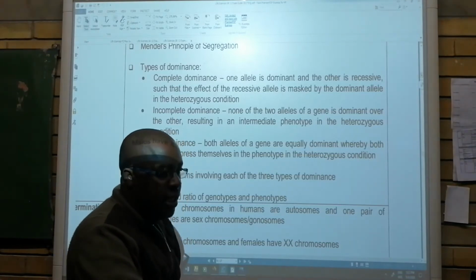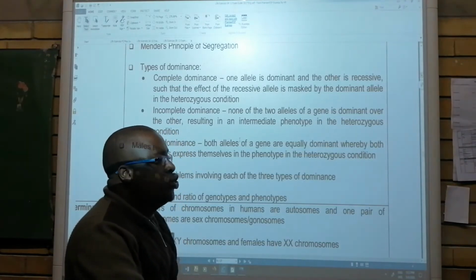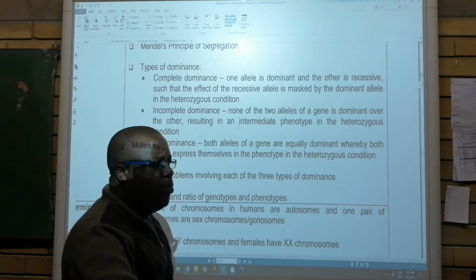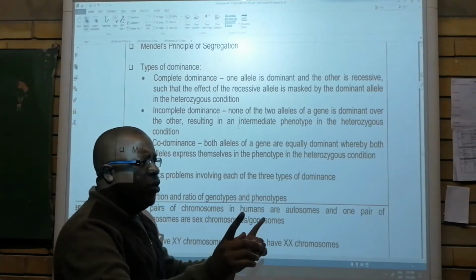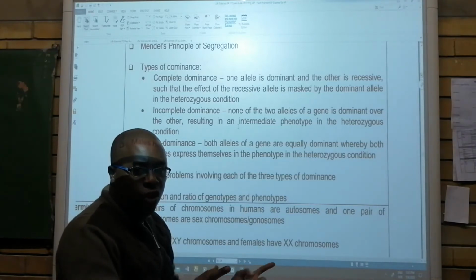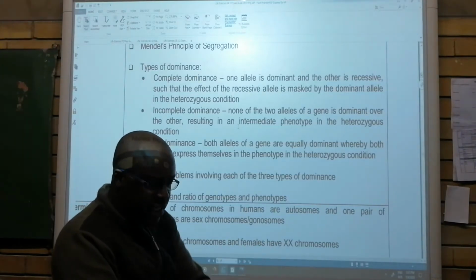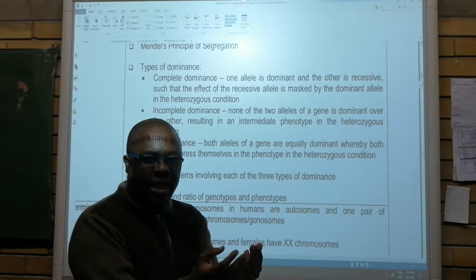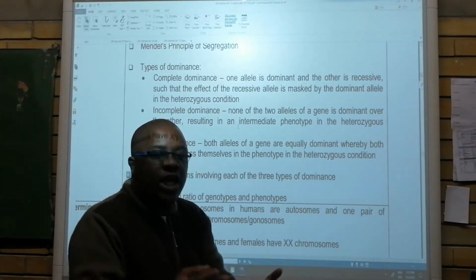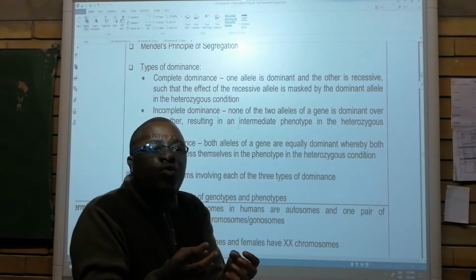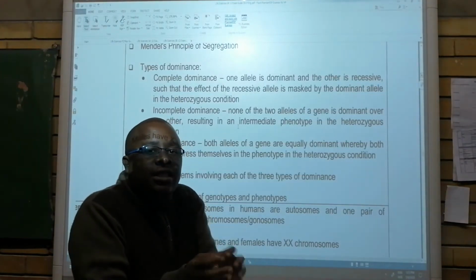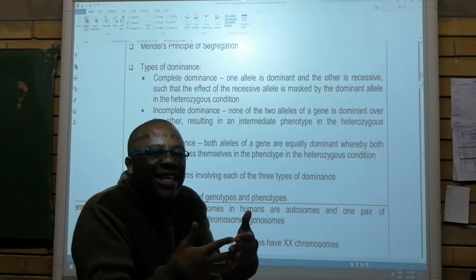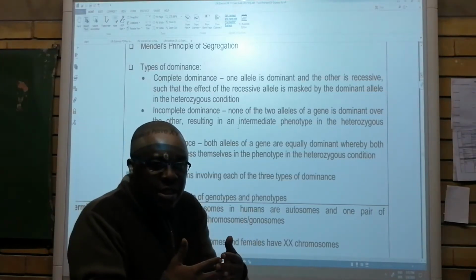Right. So we now know from the last lesson that incomplete dominance is whereby neither of the two alleles is dominant over the other. Instead, when the two alleles are meshed together in a heterozygous form, you have a situation where they blend their characteristics, and you end up with an intermediate characteristic.